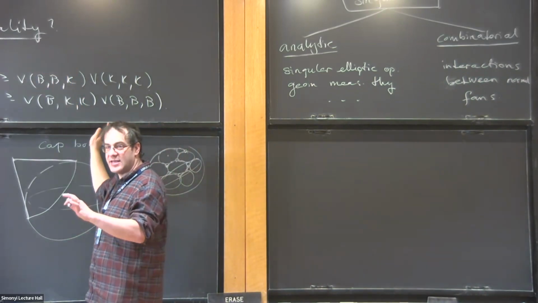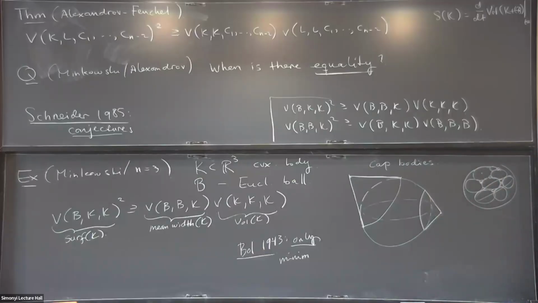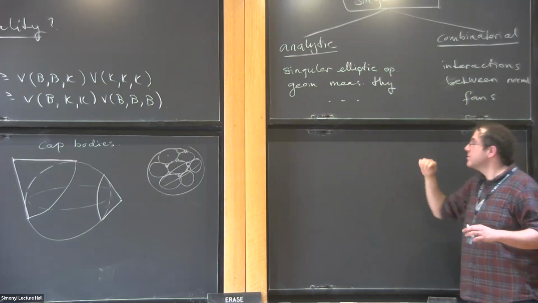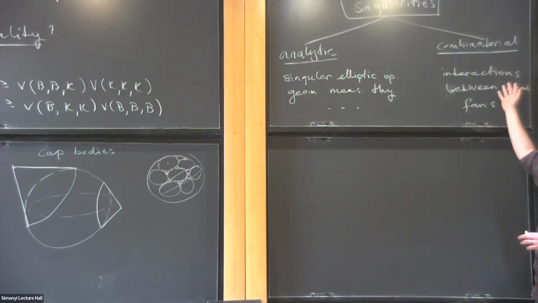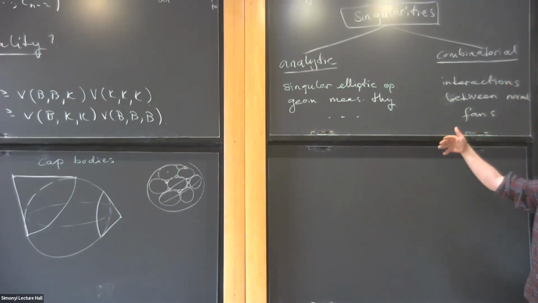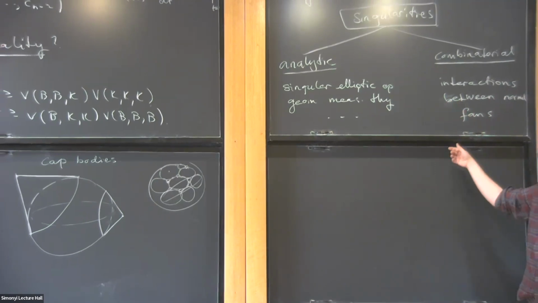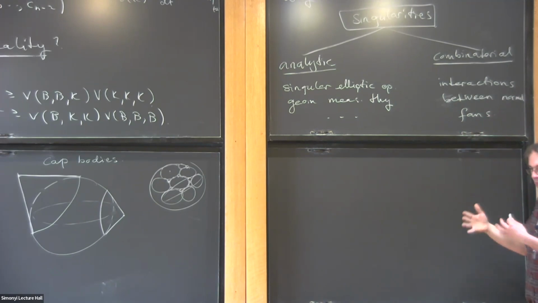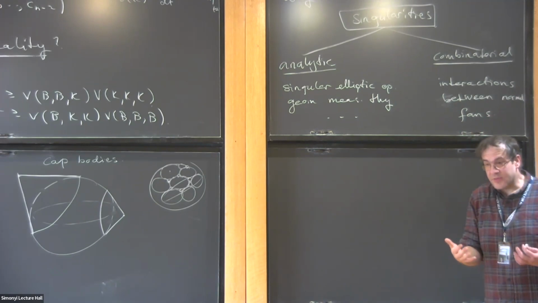And we can handle these combinatorial singularities in the case of polytopes, where everything is a matrix and we do not get analytic problems. But we don't know how to put these together, and the general problem is still open.